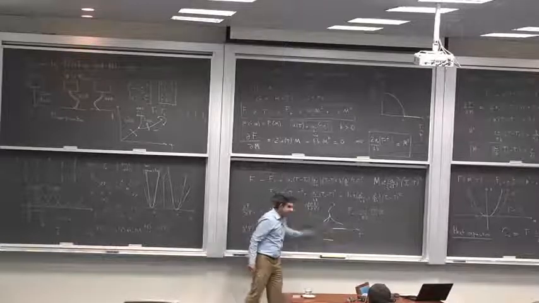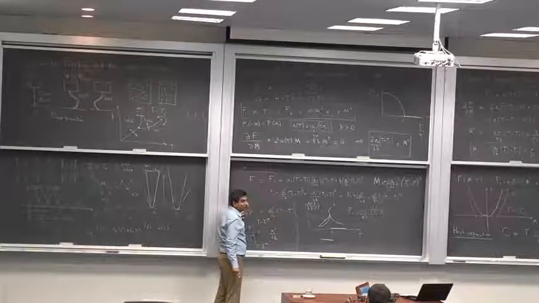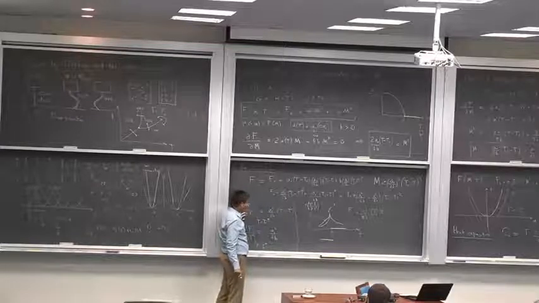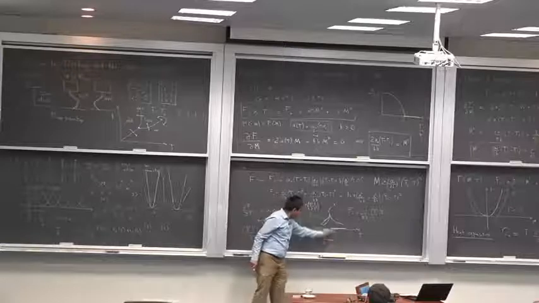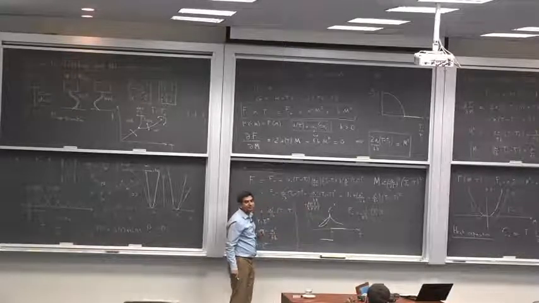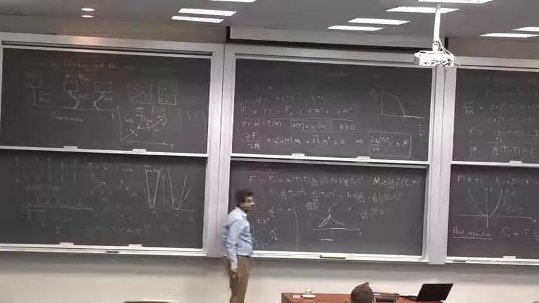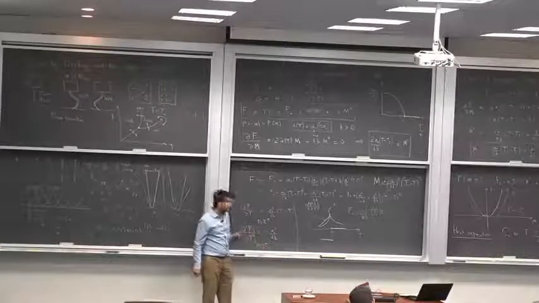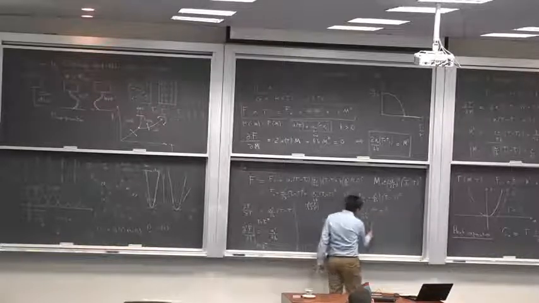In the vicinity of Tc, this does not change. The first derivative is continuous. However, the second derivative is discontinuous. Now, since the second derivative of the free energy is discontinuous, such a phase transition is called a second order phase transition.